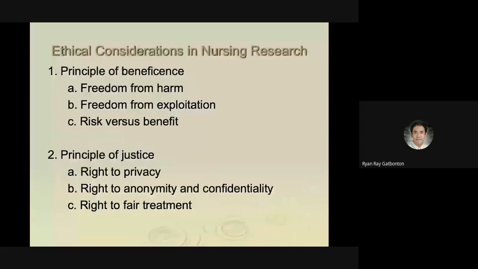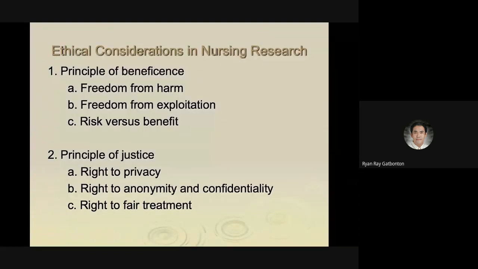Okay? The principle of beneficence, freedom from harm, freedom from exploitation, no? The principle of justice, which involves the right to privacy, the right to anonymity and confidentiality, the right to fair treatment, no? When we say the right to fair treatment, everyone has the right to the proper treatment.